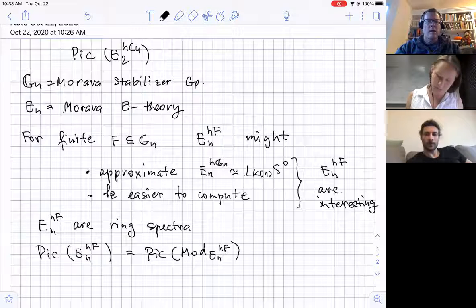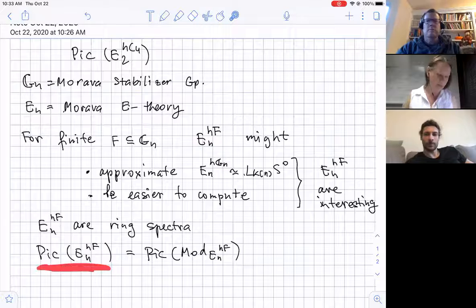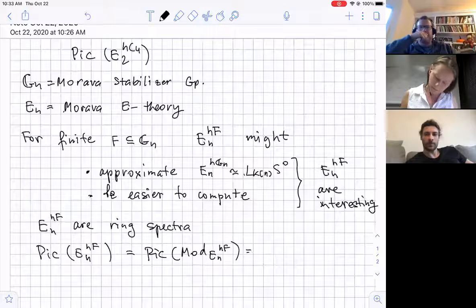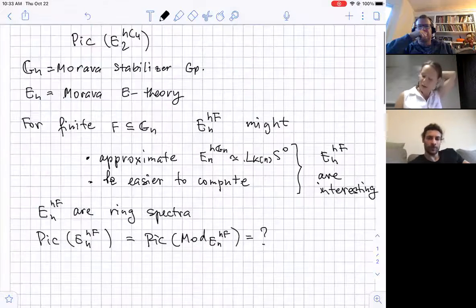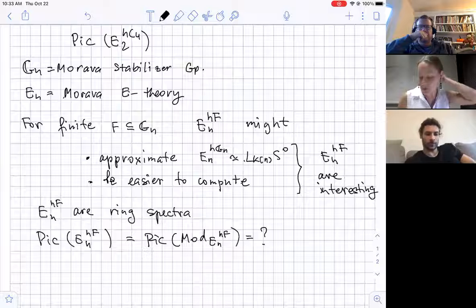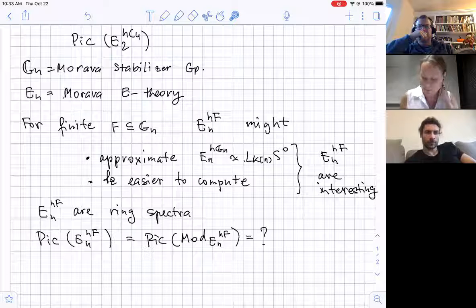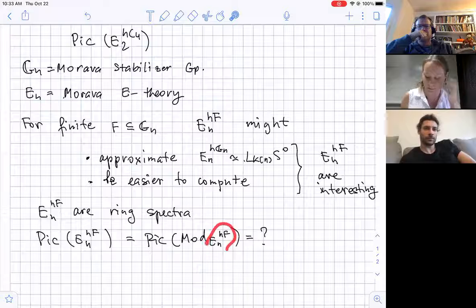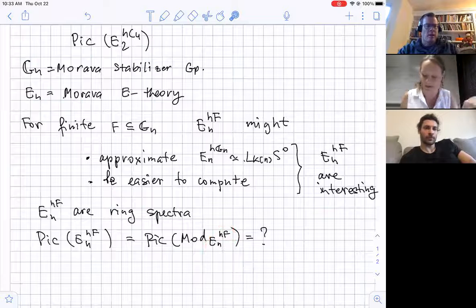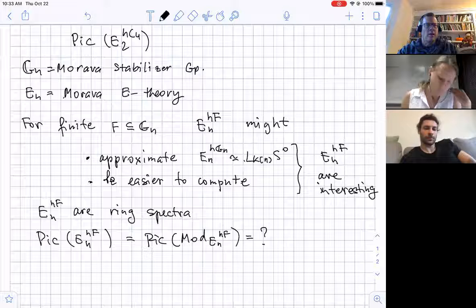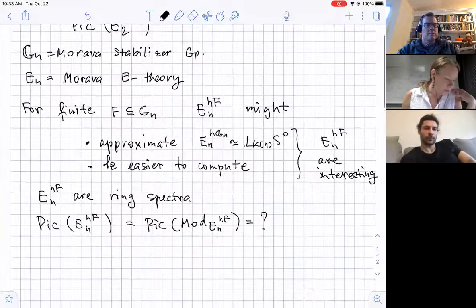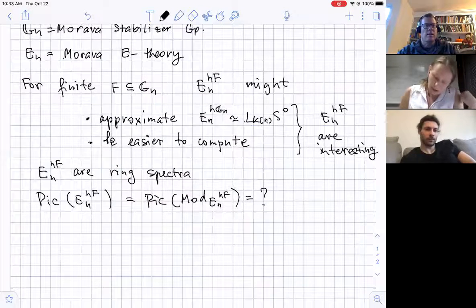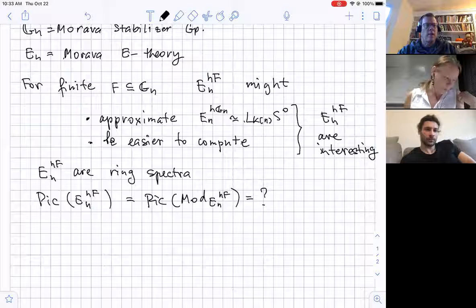I will just denote it by Pic of that spectrum. Modules over E_n^hF is a symmetric monoidal category where the unit is E_n^hF, and the product is smashing over it.